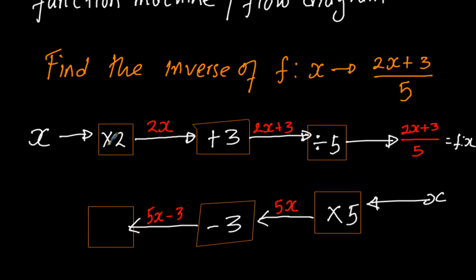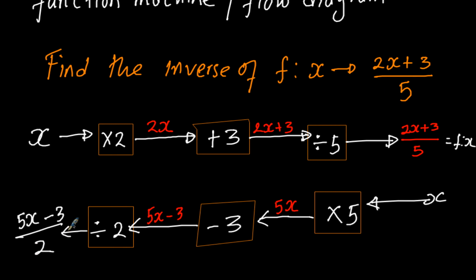And then the inverse of times is division, so we are going to divide by 2, and that will give us our final answer for the inverse to be 5x minus 3, all of it being divided by 2.